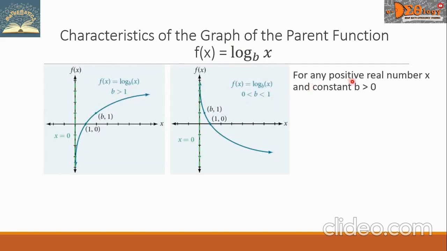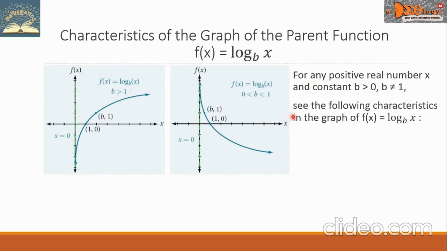For any positive real number x and constant b greater than 0, of course, b is not equal to 1, see the following characteristics in the graph of f of x equals log of x to the base b. First, it is a bijective function.